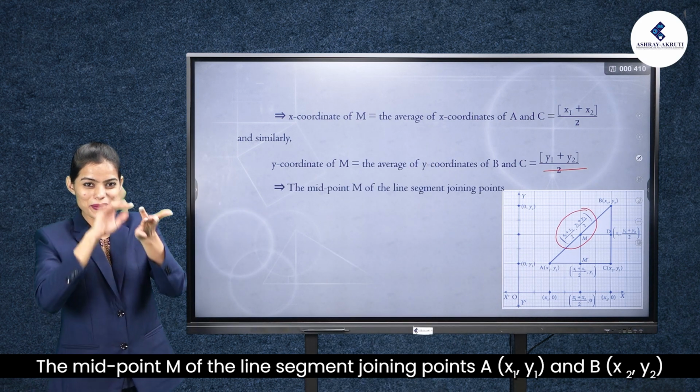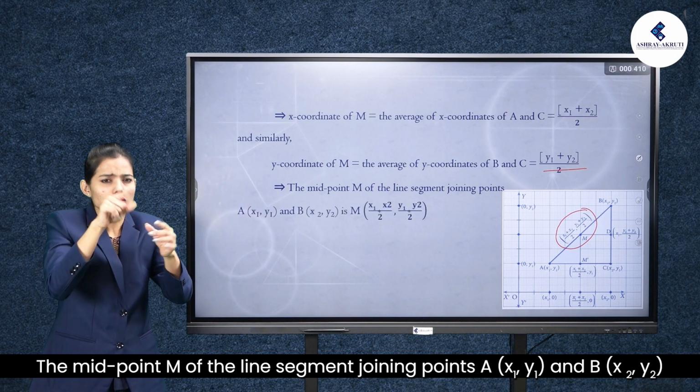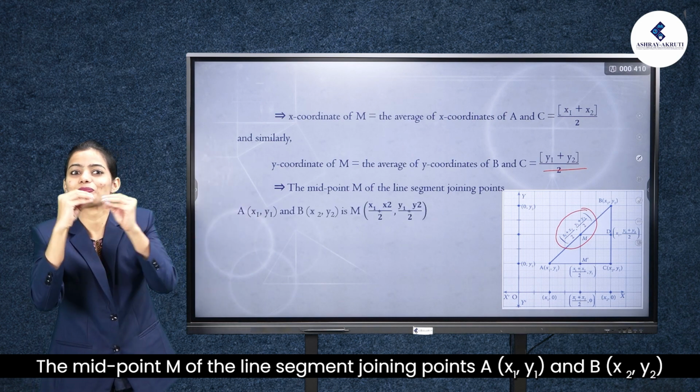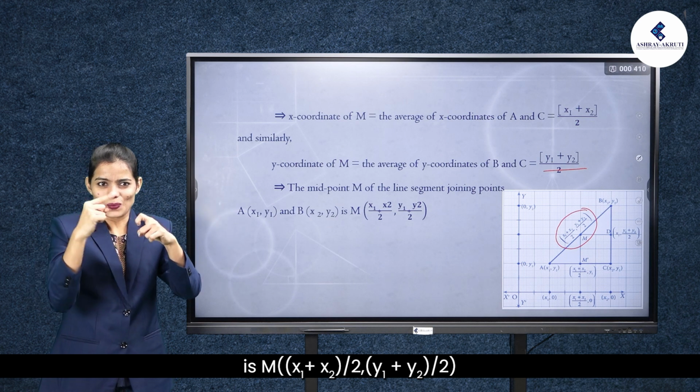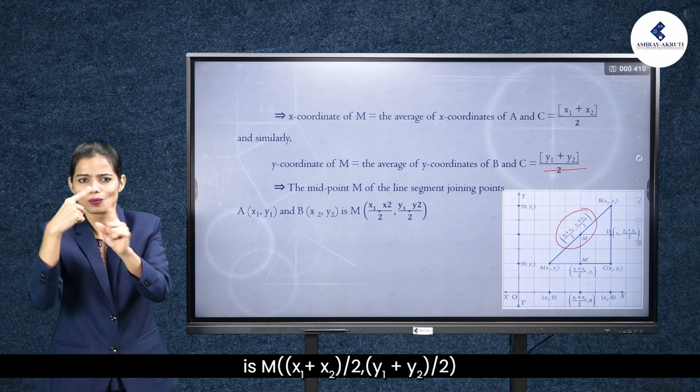The midpoint M of the line segment joining points A(x1, y1) and B(x2, y2) is M((x1 plus x2) by 2, (y1 plus y2) by 2).